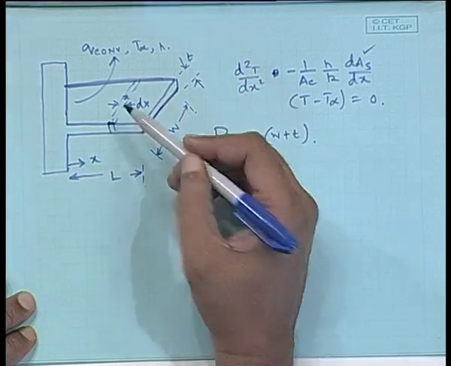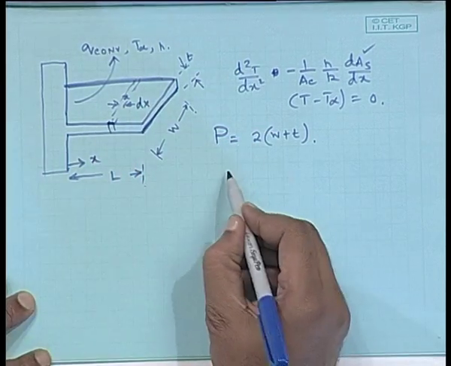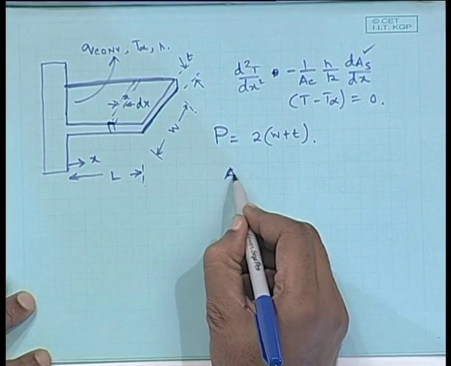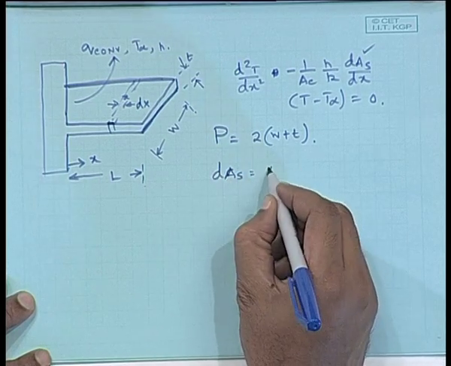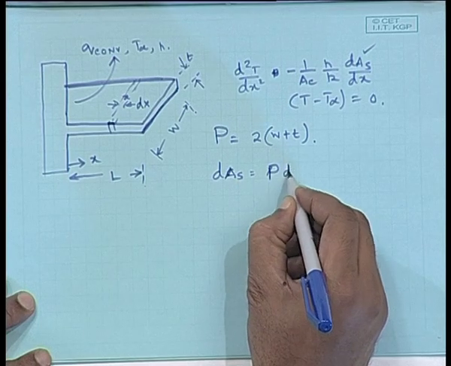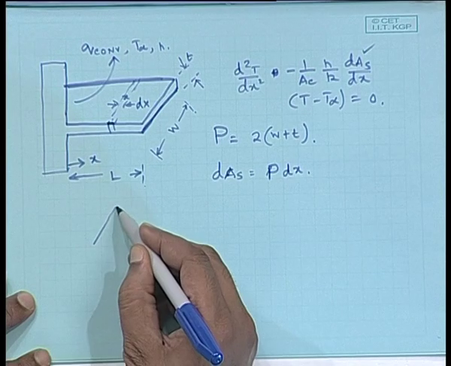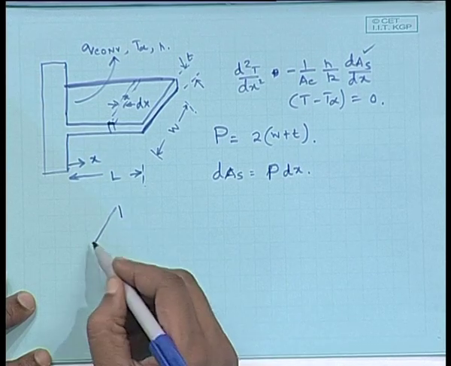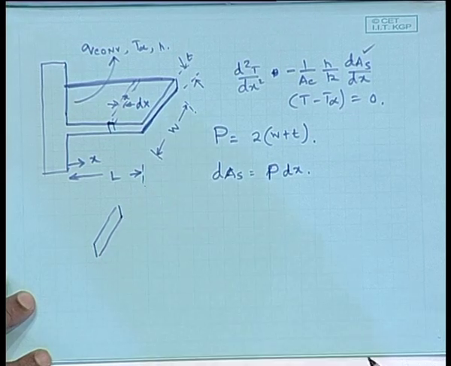So, what is that surface area? It is simply going to be whatever be the perimeter multiplied by dx. So, this differential surface area would be equal to perimeter times dx, because the surface area is simply going to be this one, this side, and underside of the fin as well.